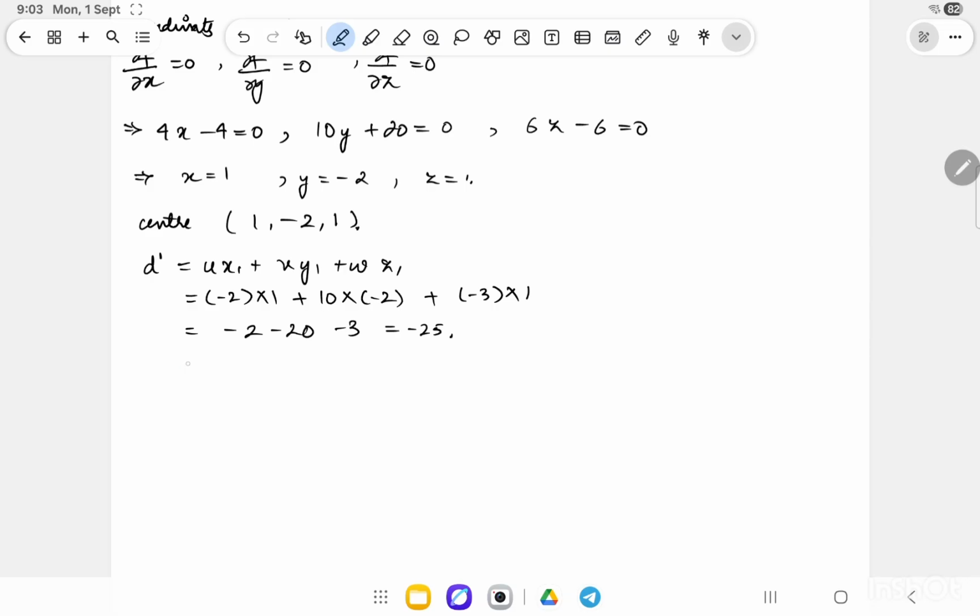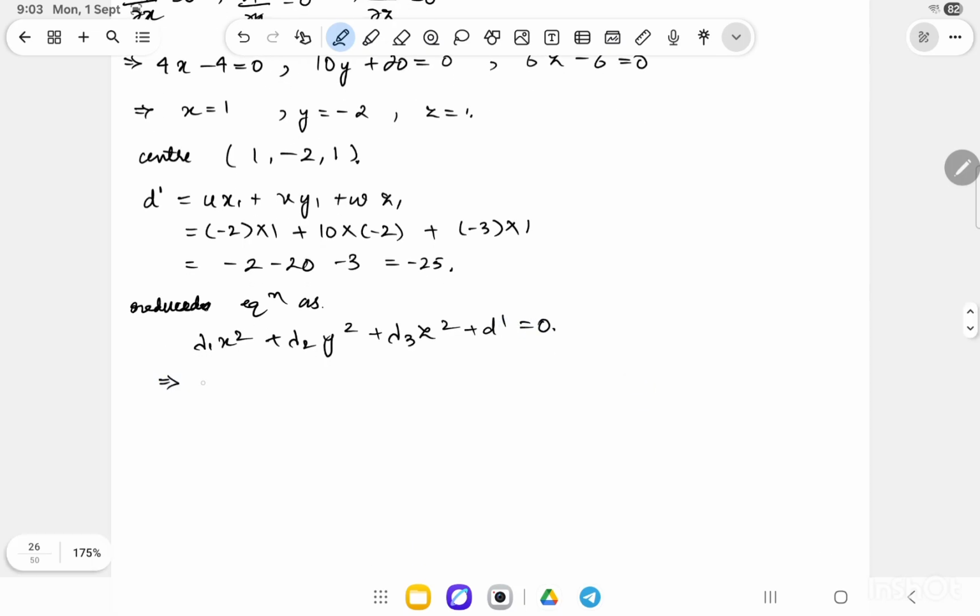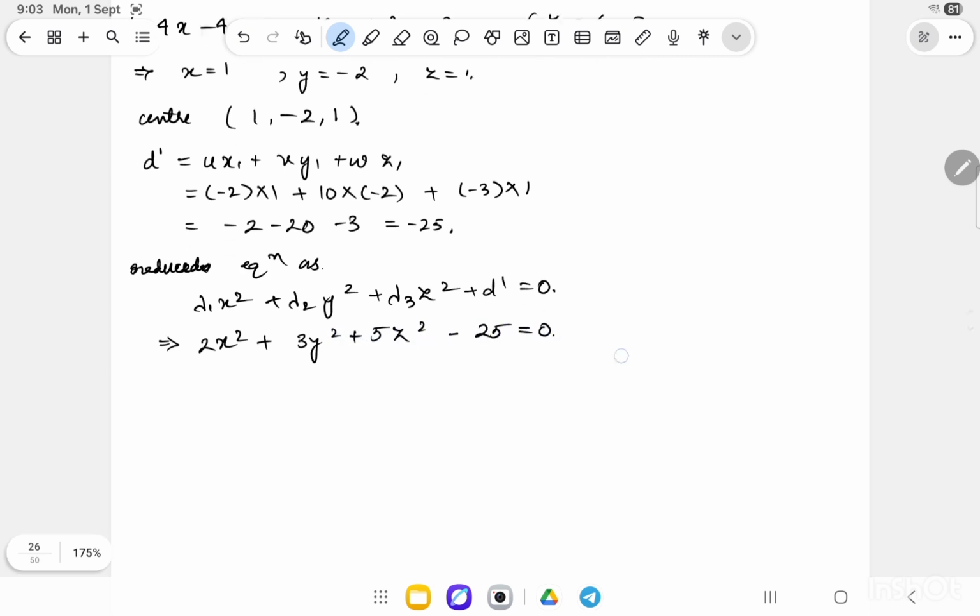So if we rotate axis, we'll be getting our reduced equation as lambda 1 x square plus lambda 2 y square plus lambda 3 z square plus d dash is equals to 0. So my equation is 2x square plus 3y square plus 5z square minus d dash, that is 25, equals to 0.